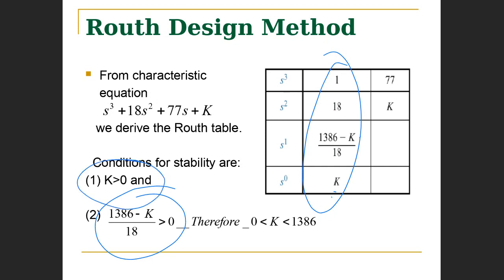And all we're doing next is to express it as a simple inequality. So K must fall between 0 and 1,386 for the system to be stable. That's how we do a design. So whatever you do, keep K away from 1,386 and keep it away from 0. Story is complete in that respect.